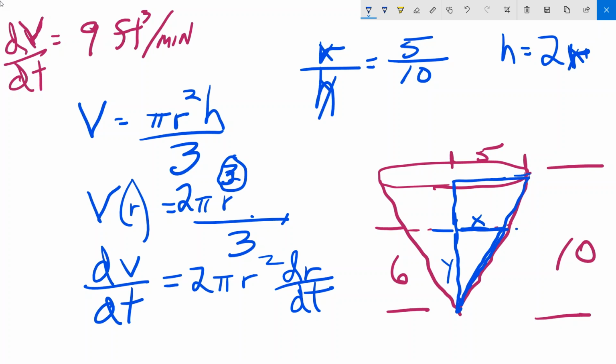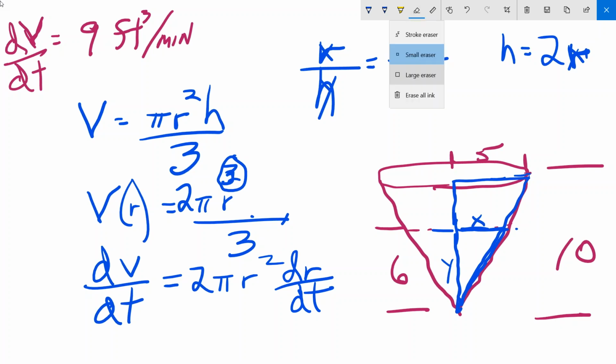Now, the full question says, how fast is the water level rising when the water is 6 feet deep? So what are they asking for? They're asking for the increase in height, so dh over dt.